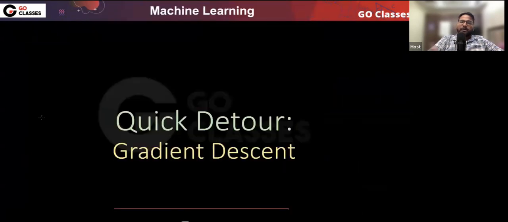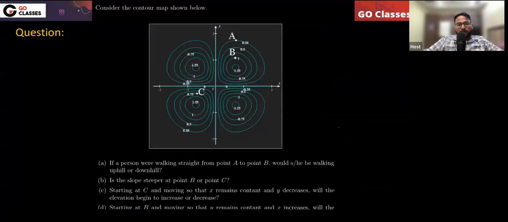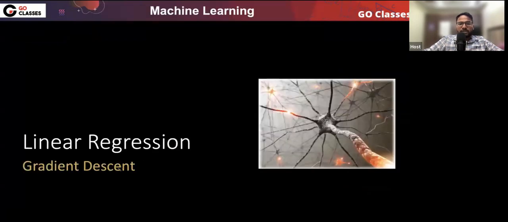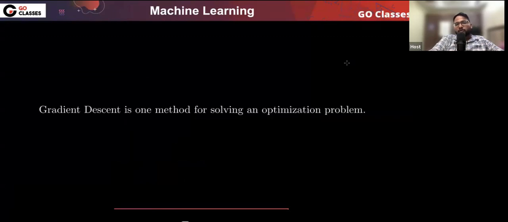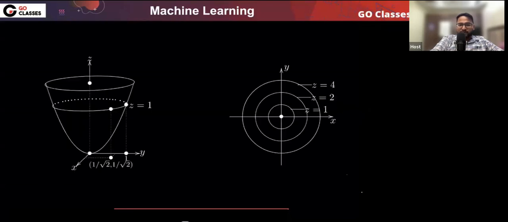Now let's quickly see gradient descent, and then we will come back to our topic of discussion, which is linear regression with gradient descent. But before that, we should know gradient descent. We have just covered contours. We have not even started gradient descent. Let me quickly recall the fundamental behind gradient descent that we have already seen.